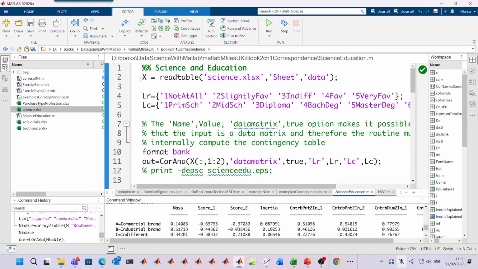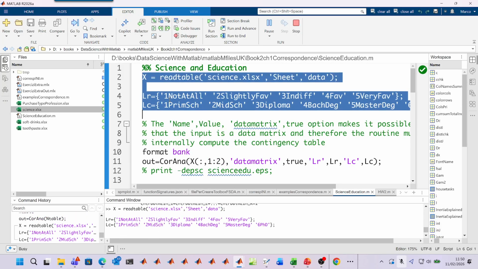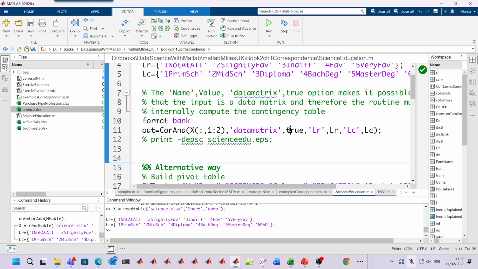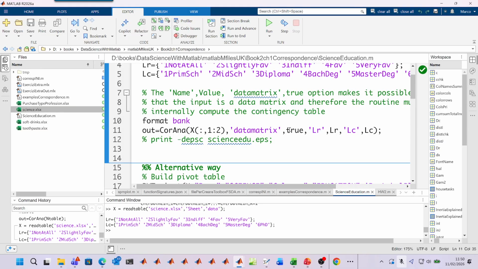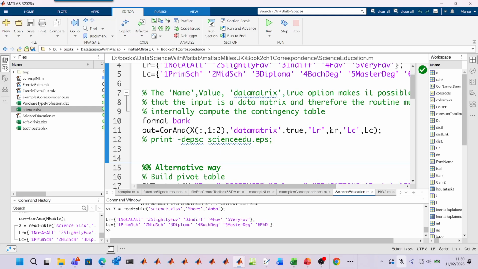You read this table, then the labels, you create the vector of the labels, or if you want to be lazy, you can apply Corana, and then with just one line of code, you load the data, it is a data matrix, and then you have the labels of the rows and the labels of the columns.